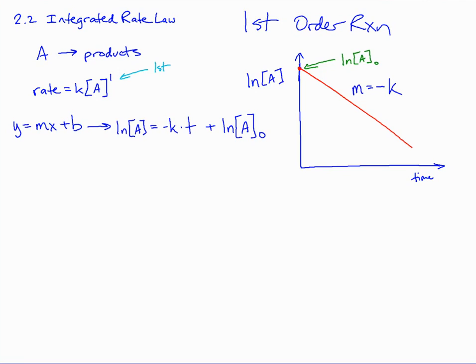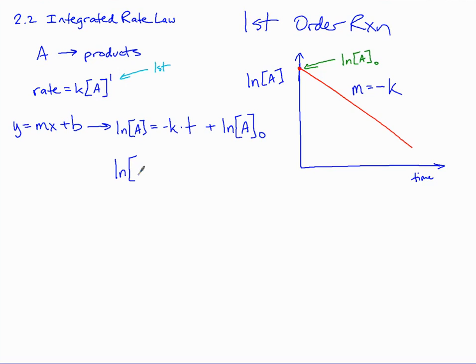Just like the other formula, it's usually written a little bit differently on the AP formula sheet or in other formula sheets, wherever you encounter it. And what they do is they subtract this one to the other side.